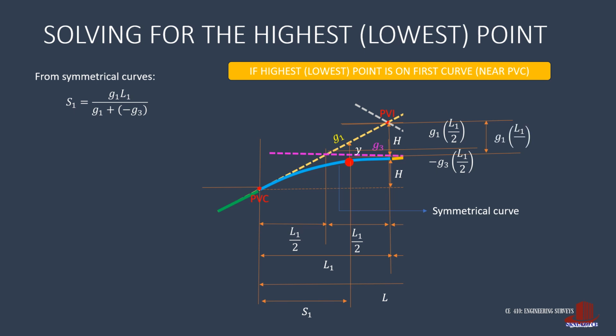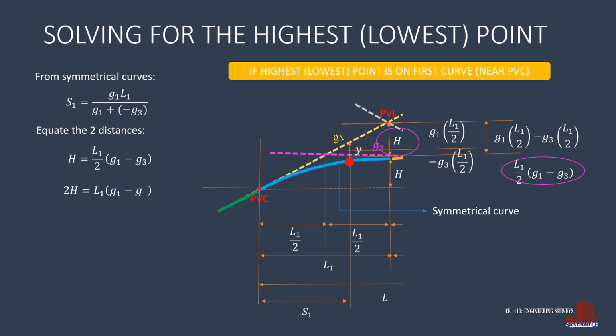Take the total height from these two and get G1 times L1 over 2 less G3 times half of L1. Factoring out half of L1, we get L1 over 2 times G1 minus G3. Now we can equate the two distances. We then have h is equal to half of L1 times the quantity of G1 minus G3.